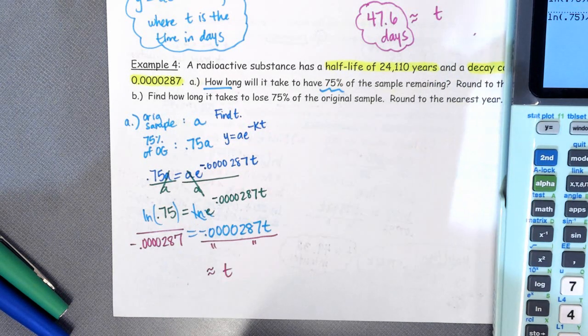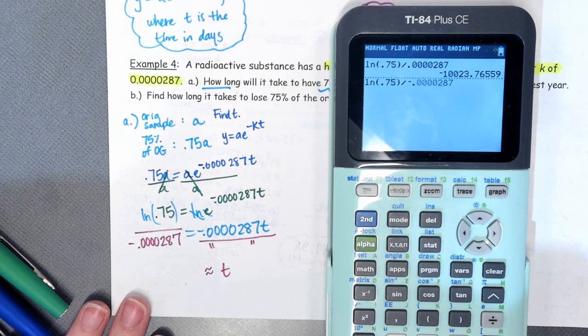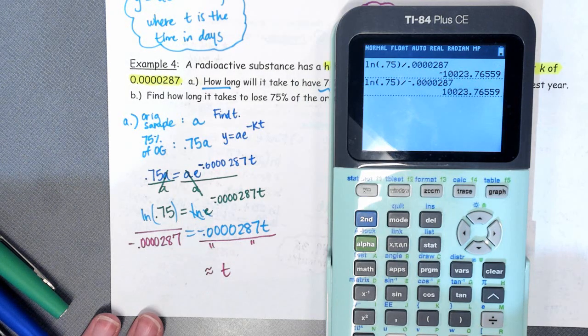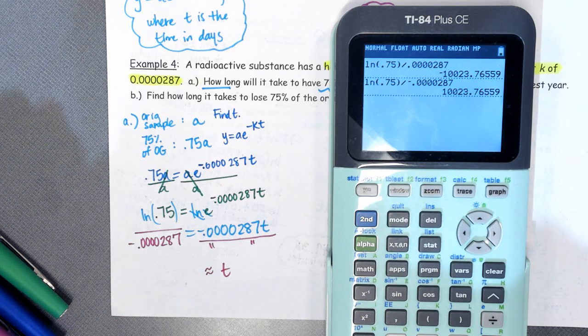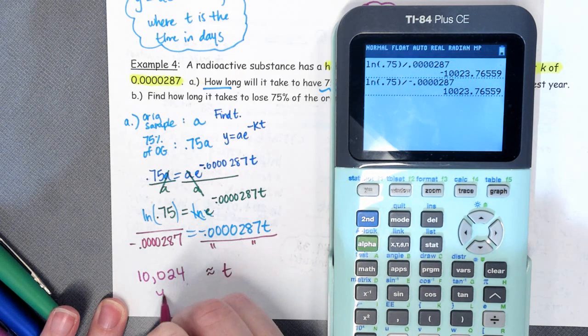Now I must color code my negatives. Alright, now you should get the same thing, just positive form. So if it's 0.7, that's going to do what? Round it up. So we have 10,024 years.